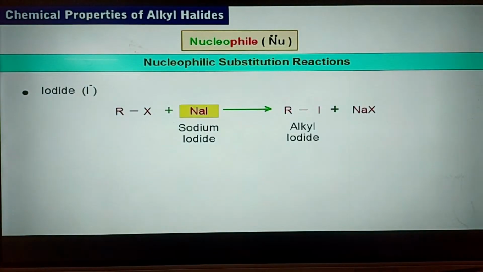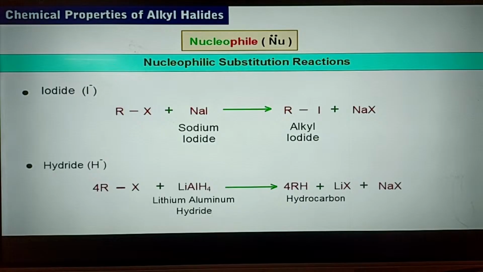Sodium iodide can be used to make alkyl iodides from alkyl halides. Lithium aluminium hydride can be used to convert alkyl halides into hydrocarbons.